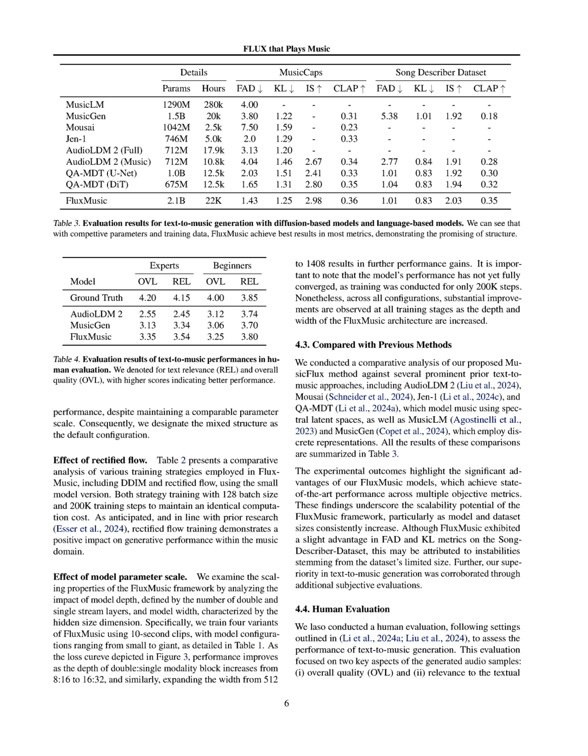In comparative analyses against models like AudioLDM2, Mustango, and MusicLM, FluxMusic not only outperformed these models in objective evaluations, but also received favorable subjective ratings in human evaluations, particularly in overall quality and relevance to textual input. The improvements in performance can be attributed to the rectified flow training strategy and the advanced architecture of FluxMusic, which effectively integrates both textual and musical modalities.